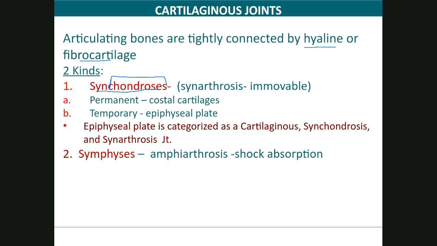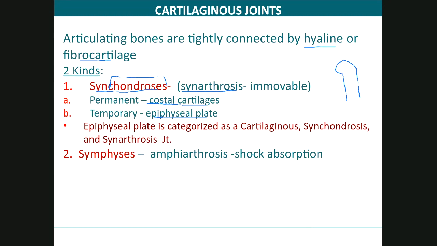So a synchondrosis is a synarthrosis, an immovable joint. Some examples of this would be the costal cartilages and also the epiphyseal plate. Remember, we learned that the epiphyseal plate in a long bone, I'm just going to pretend this is, let's say, a femur.